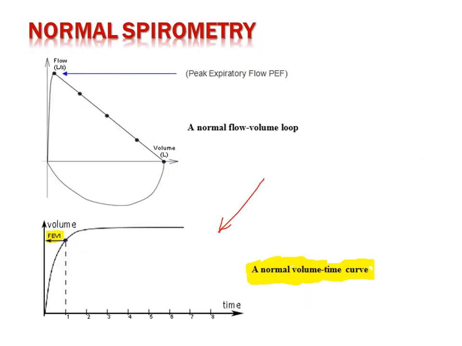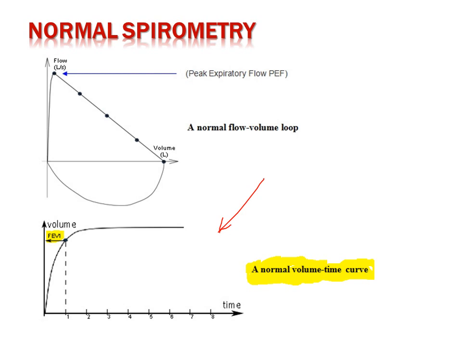This is the normal spirometry chart. The upper curve represents the normal flow volume loop we just spoke about in the previous slide. The lower curve is the representation of part of the volume time curve for just a few seconds of forced expiration to obtain the expired volume in the first second.